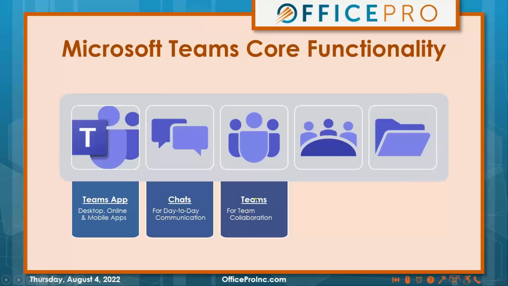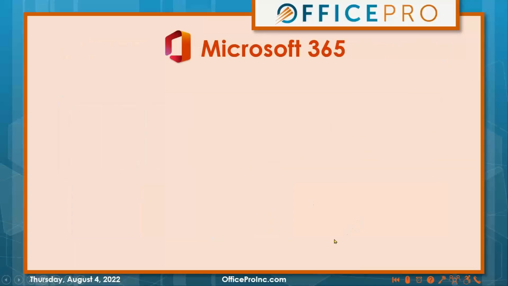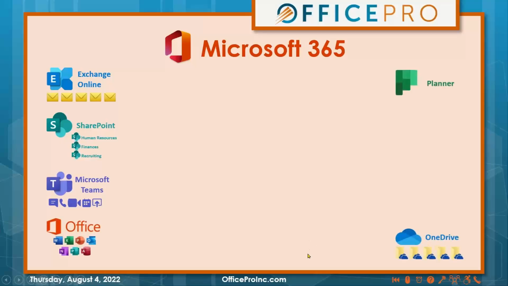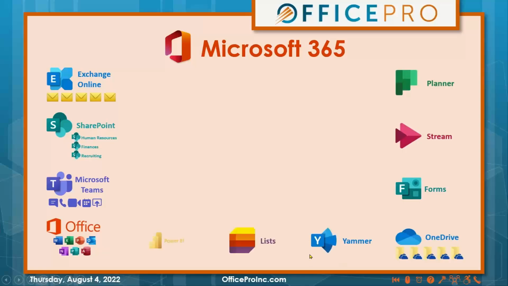Now, in Microsoft 365, we have tons of apps and services. We have Exchange, we have SharePoint, Microsoft Teams, Office, OneDrive, Planner, Stream, Forms, Yammer, List, Power BI, and of course the list goes on and on and on.